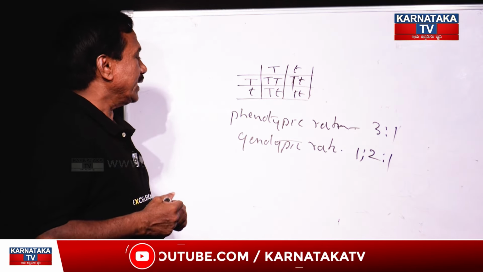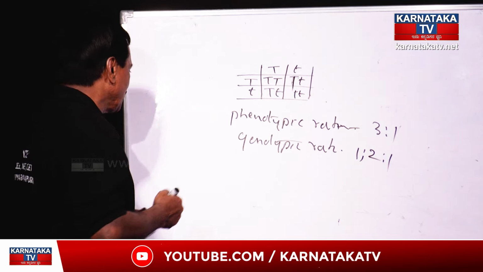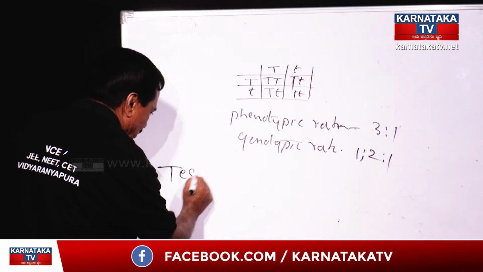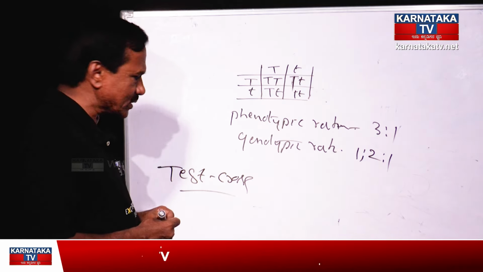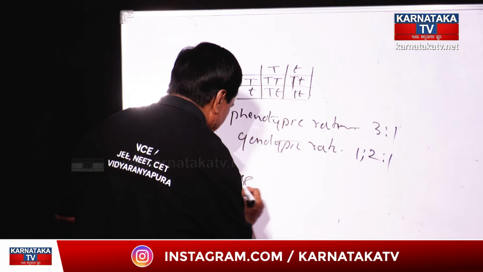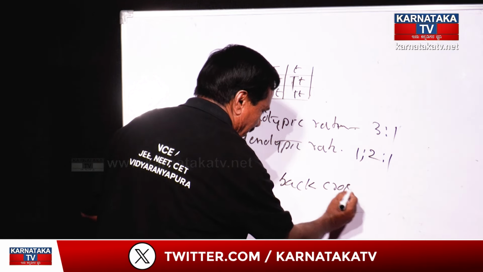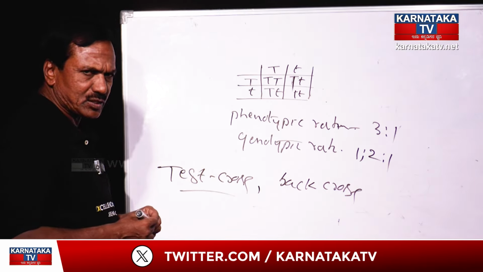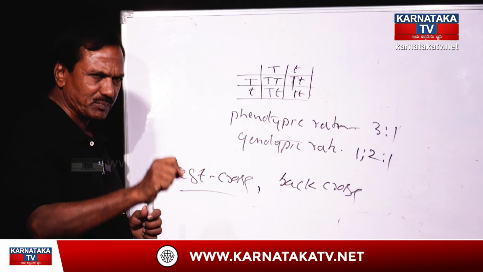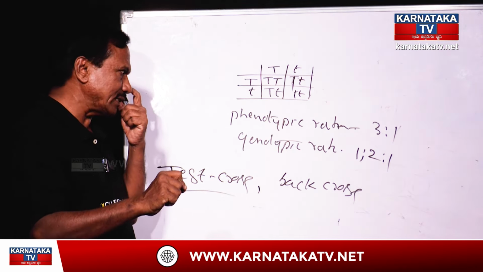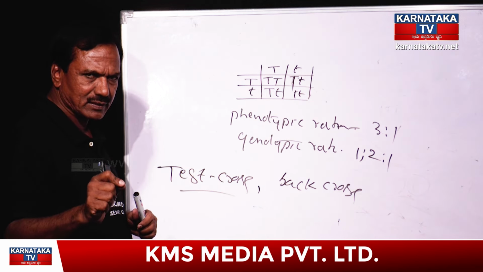Then concerned with that, you might have known the test cross ratio. Then what is the test cross? There are two terms. One is the test cross and one more is the back cross. What is the test cross? The crossing of F1 progeny, particularly with the double recessive parent, is called test cross.